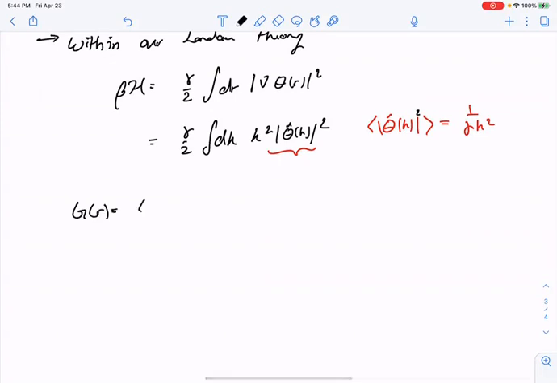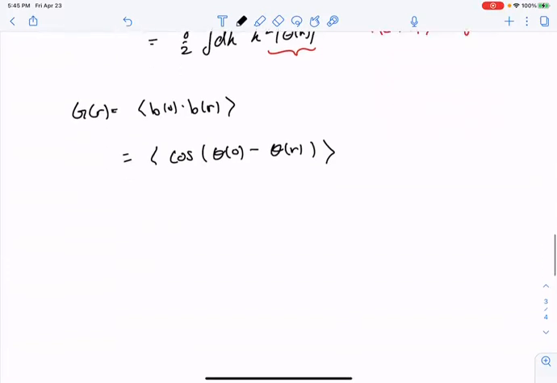Capital G of r is the dot product of those two lattice vectors, which I can write, having introduced our theta as a dot product. Let's imagine that those are unit vectors, so there's unit modulus, then that is equal to just the cosine of the difference in those two angles. A definition from trigonometry would say that the cosine is the real part of a complex exponential.